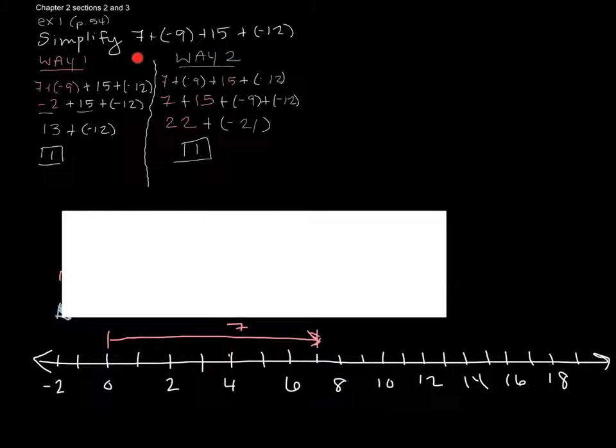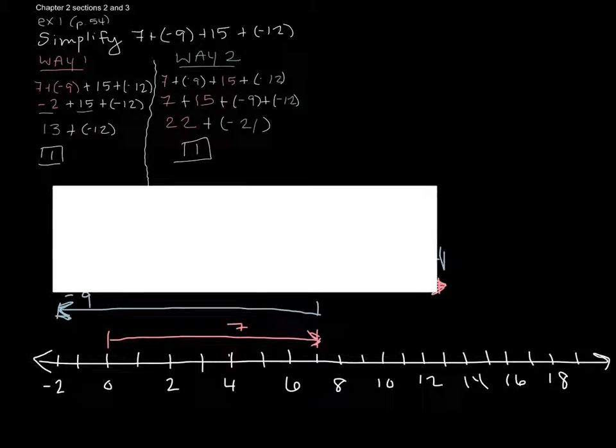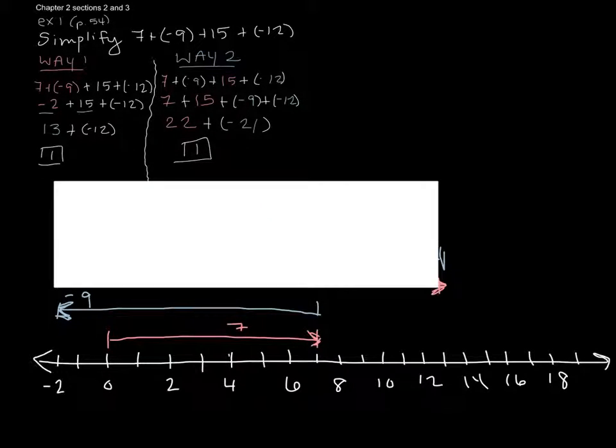So anytime that I'm moving to the right or in the positive direction, I'm going to use red. I'm looking at this first number, 7. I'm going to start at 0 and move 7 units to the right in the positive direction. All right, 0 to 7. Not bad. Now, my next number is a negative 9. So what I'm going to do then is start at 7, where I left off, right? I went 0 to 7. And now I'm going to start at that 7.